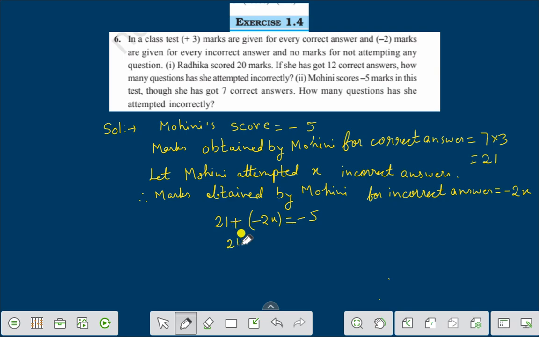Therefore, 21 minus 2x is equal to minus 5, or 2x is equal to 21 plus 5, that is 26, and therefore x is equal to 26 divided by 2, that is 13, right? How many questions has she attempted incorrectly?